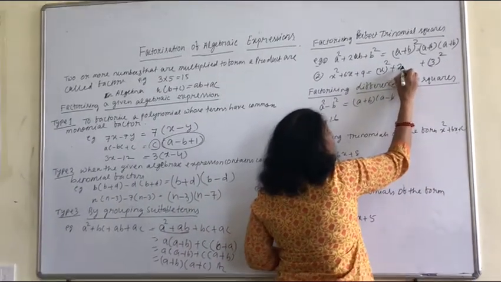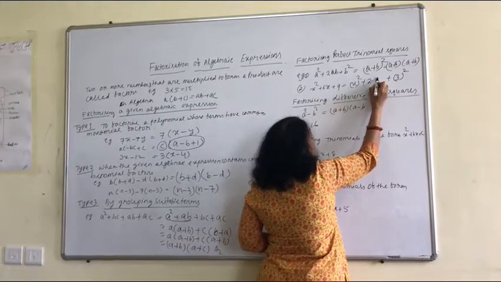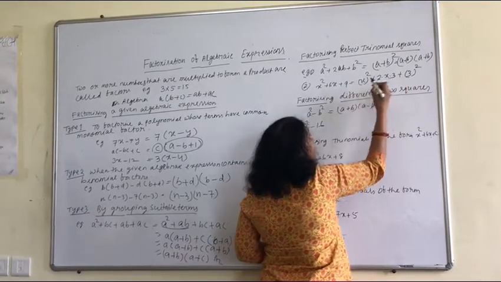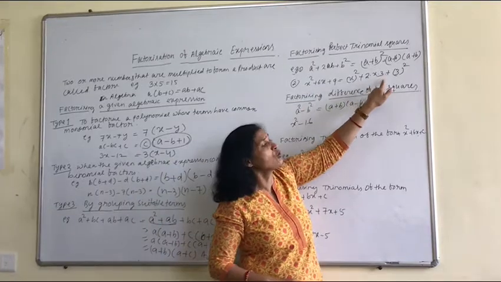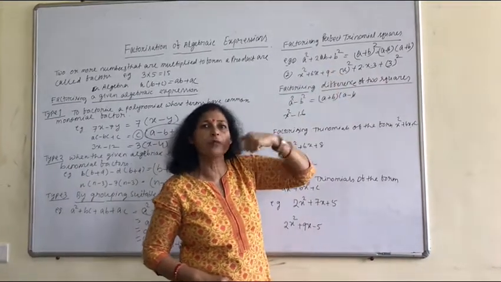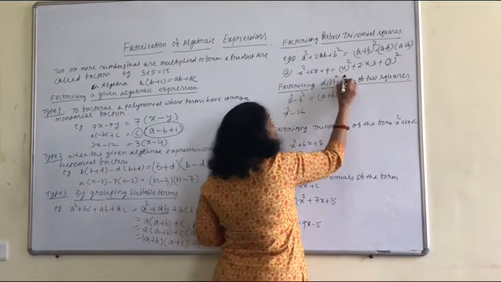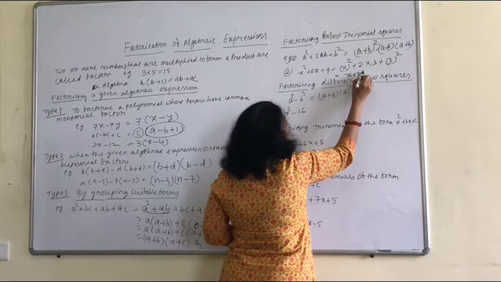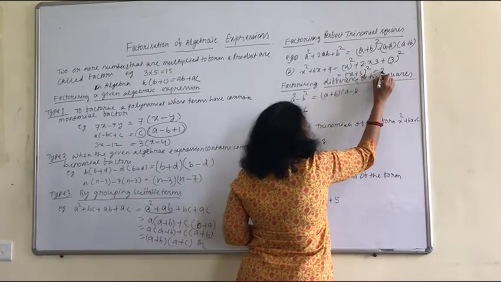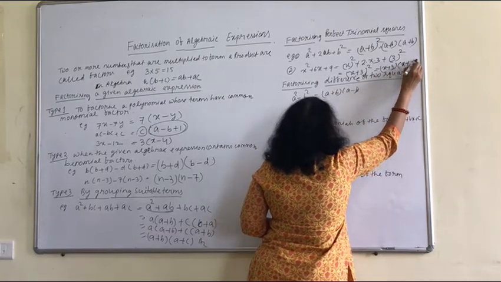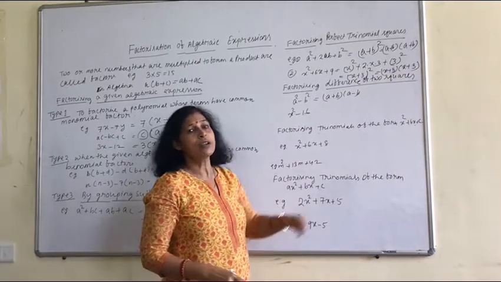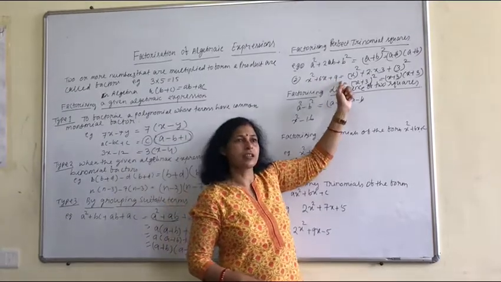Then 2 into x into 3, so you can break 6x as 2 into x into 3. That means the (a plus b) whole square formula. So this is (x plus 3) whole square. So (x plus 3) into (x plus 3) are two factors of x square plus 6x plus 9.